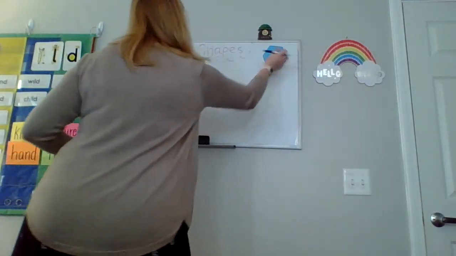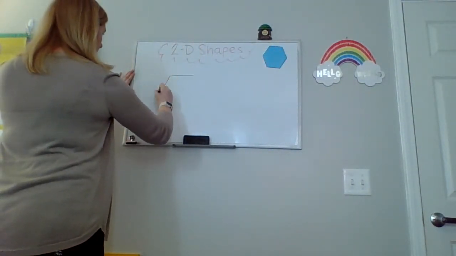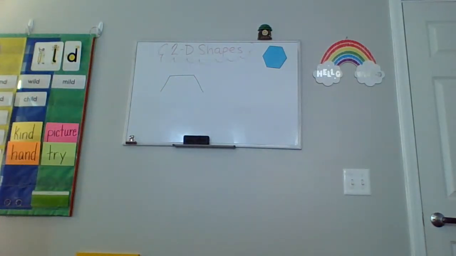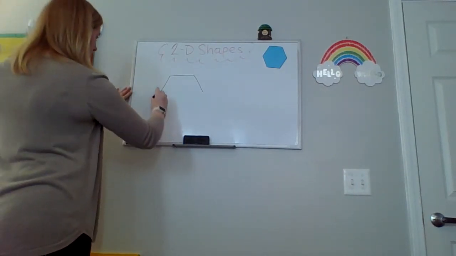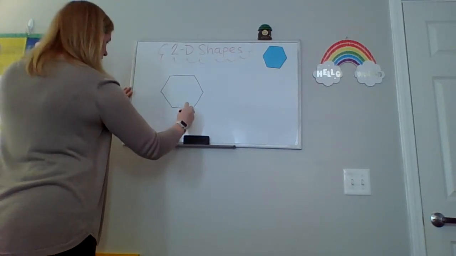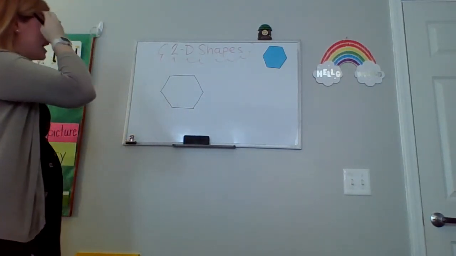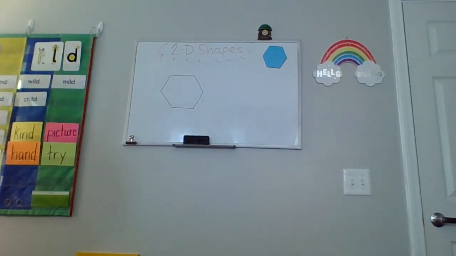To draw this shape, we're going to do a line and then some angled lines. Okay? And then, down below, we're going to do some more angled lines and another one. You could also kind of draw it like 2 trapezoids, one on top of the other.